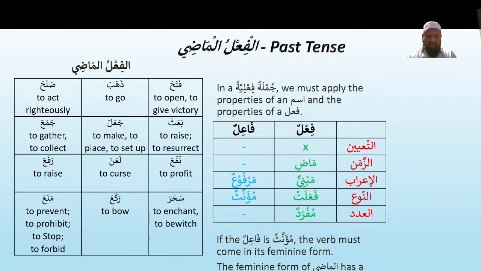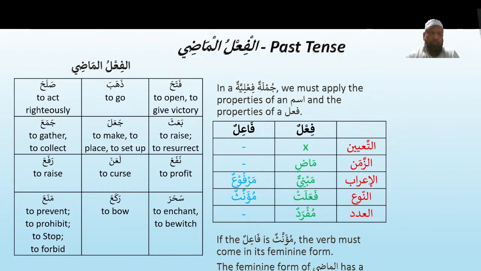Just add open ta with sukoon at the end of fi'l madi. For example, fa'ala is the fi'l madi. Add ta sakina at the end, becomes fa'alat. We have a feminine form of fi'l ماضي.